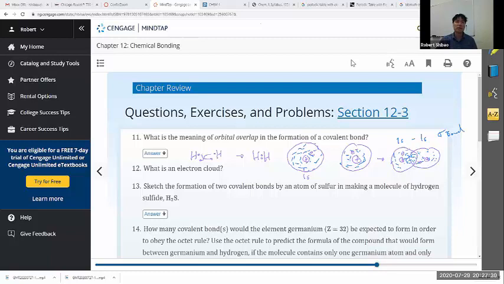But we can simplify things by looking at atomic orbitals, but it gets a little more complicated because we need to talk about hybridization, hybrid atomic orbitals. It might be easier to see these as transparent. I guess I can't do that. These are what we call molecular orbitals.